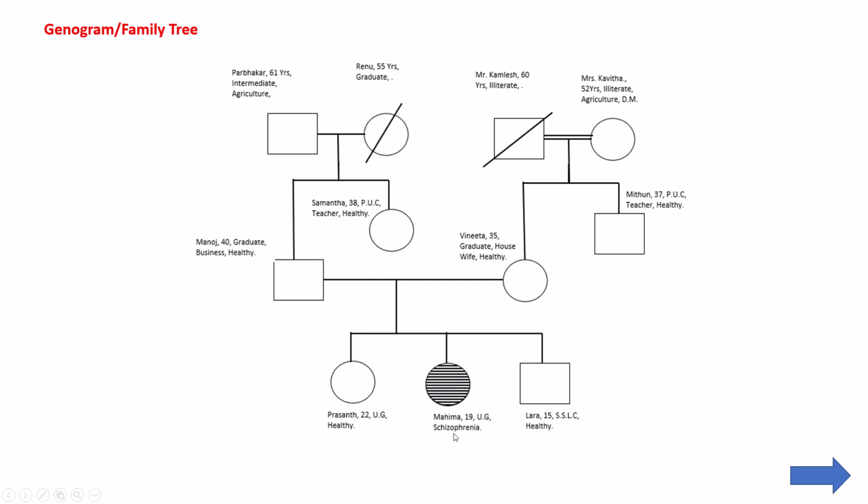She is female and has the problem of schizophrenia. A round is female, a square is male. Here there is no need to mention female or male because it is understandable. A line across means died, they are no more. And this is a consanguineous marriage, a marriage within the family.